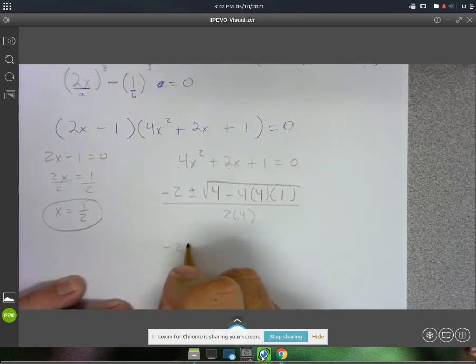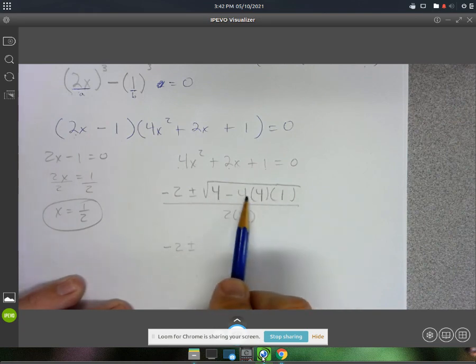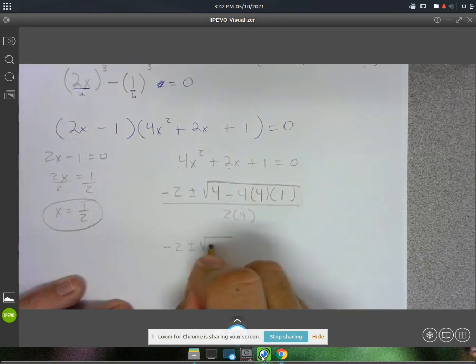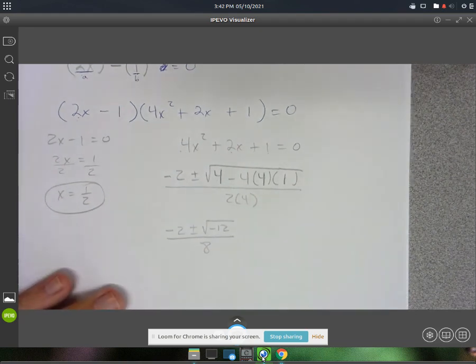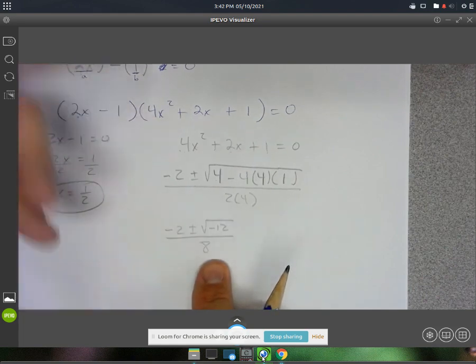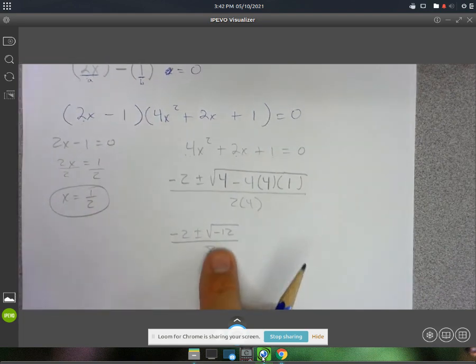All right, so negative 2 plus or minus. On the inside of the square root, I'm going to get 4 times 4 is 16, and then 4 minus 16. That's negative 12. You'll always get a negative in these types. When you're doing the difference of cubes, you'll always come up with something negative there because the answers are going to be complex numbers each time.